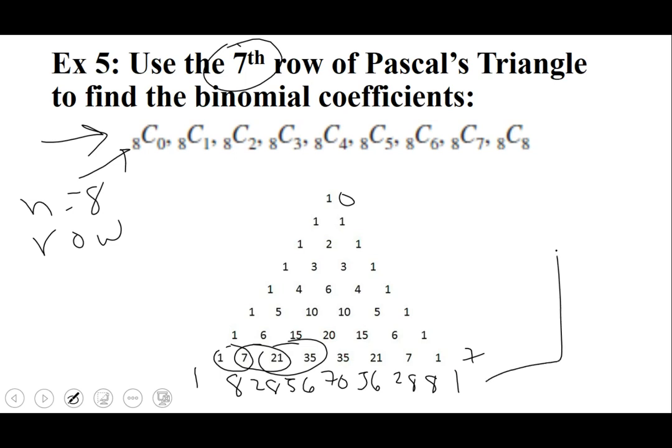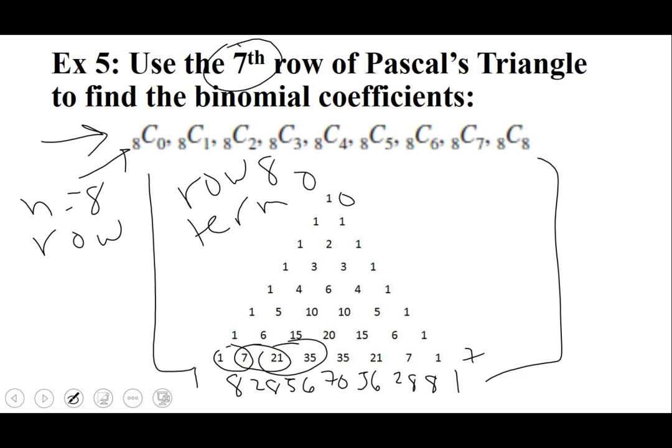There is a direct correlation between this row and these calculations. So 8C0, what that means is row 8, term 0. 8C1 means row 8, term 1, and so on and so forth.